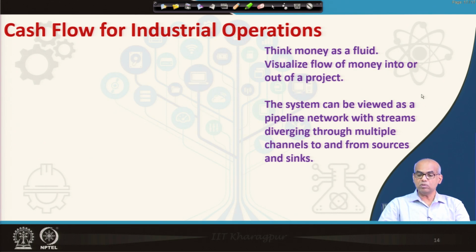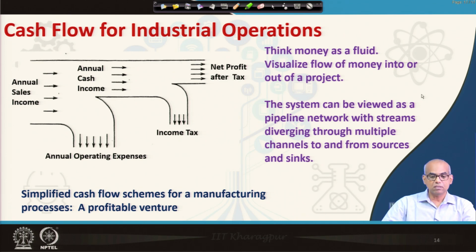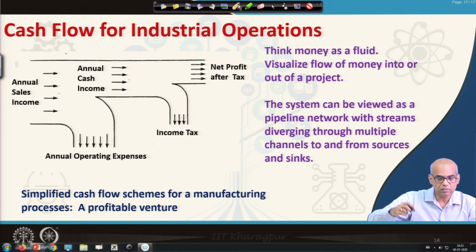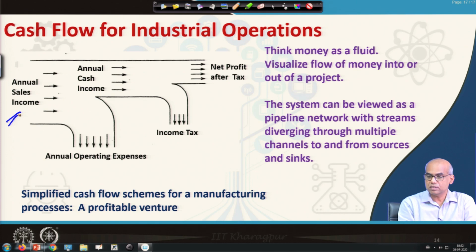The system can be viewed as a pipeline network with streams diverging through multiple channels, and these are going to sinks or coming from sources, sinks of fund, sources of money or fund. Let us consider this flow of annual sales income through this pipeline network.